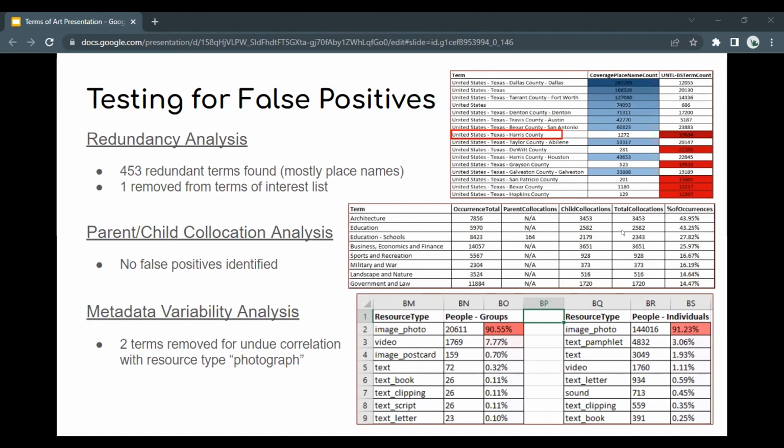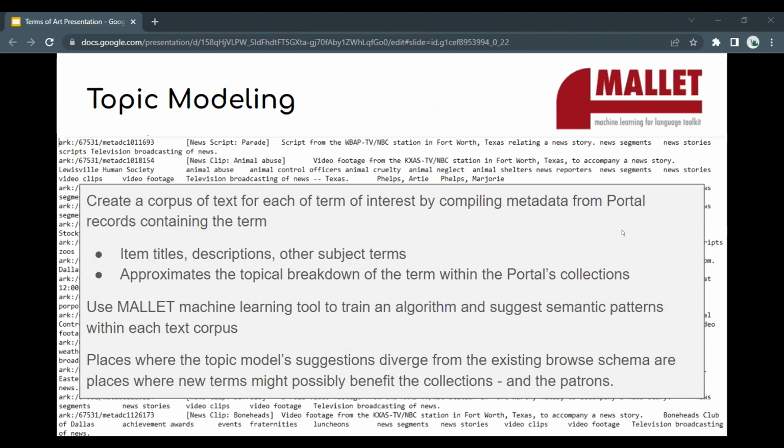And I had tests to see whether or not they had been added for any of those erroneous reasons rather than being authentically on my terms of interest list. As a result of doing these 3, we did end up eliminating 3 different subject headings for various reasons. But I'm not sure if I'm going to run out of time, so I will not go into each of those in extreme detail, although I guess I can if you would like me to.